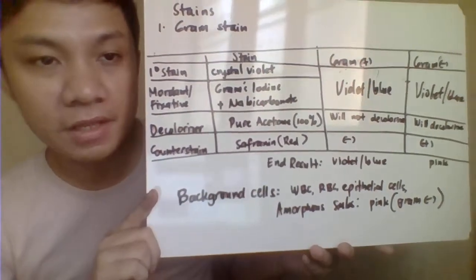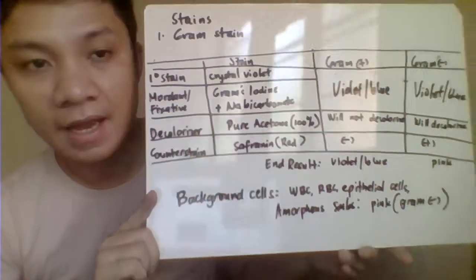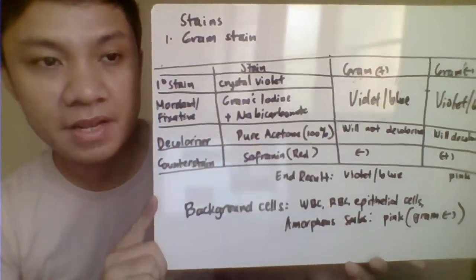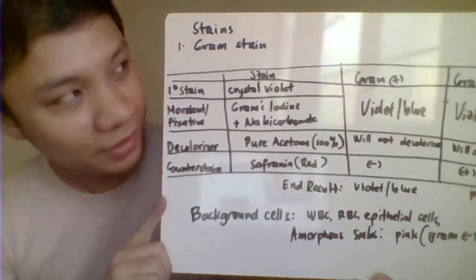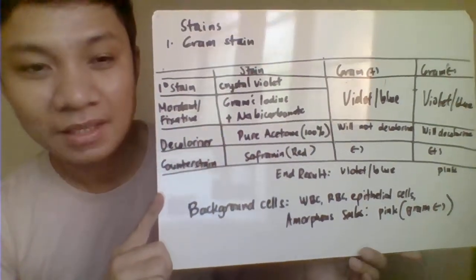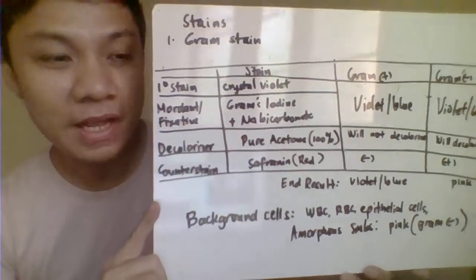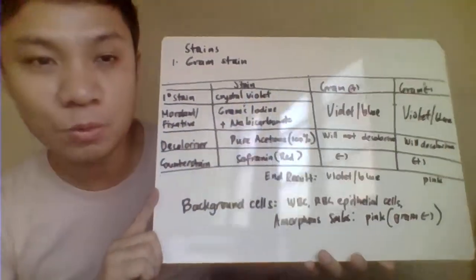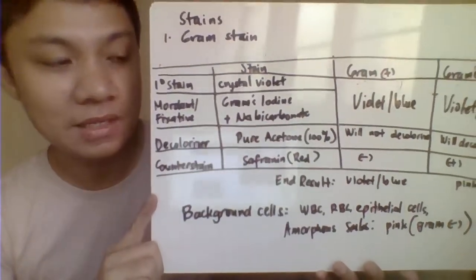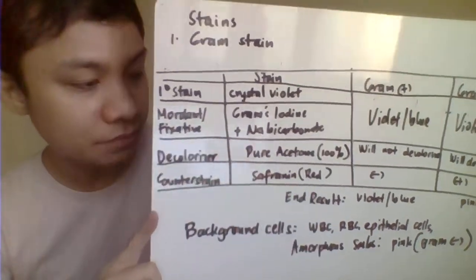Okay, now we go to the different staining reactions. The first one we have is the Gram iodine or the Gram stain. The name Gram actually comes from someone who introduced and developed this staining pattern.